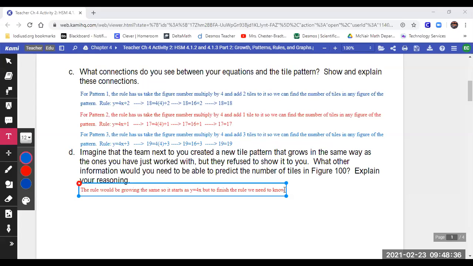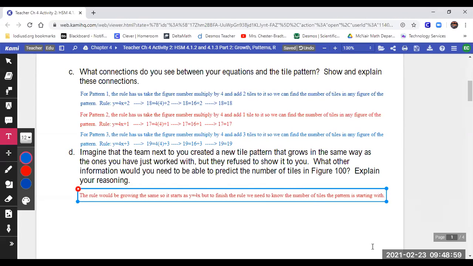Okay, we need to know the number of tiles the pattern is starting with. Without knowing a start and a growth, we cannot figure out where 100 would be because we couldn't get a rule. We couldn't finish our rule. So we have to know how many we're starting with.